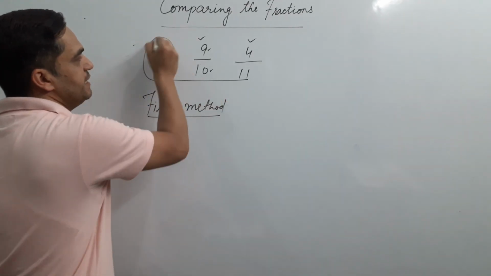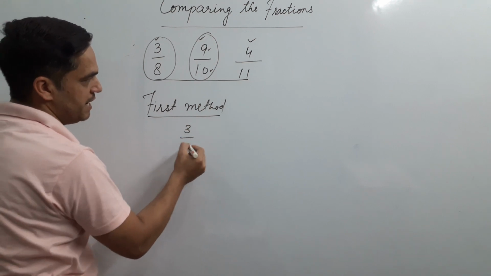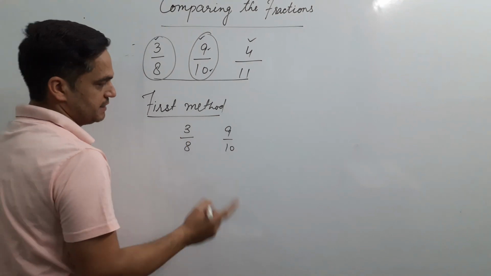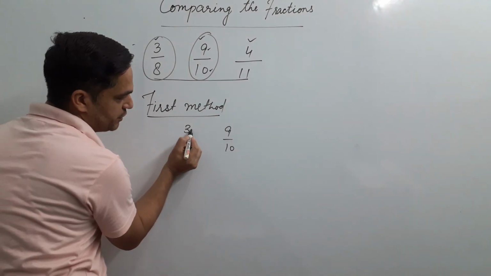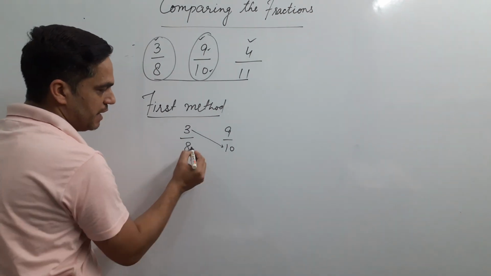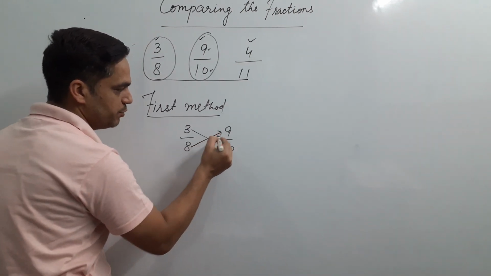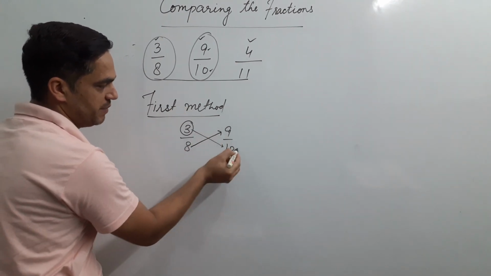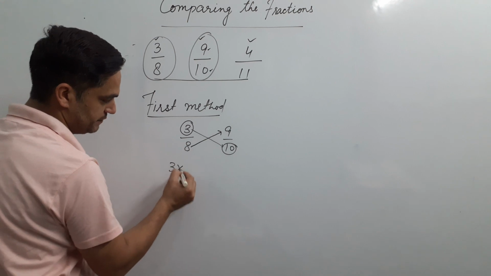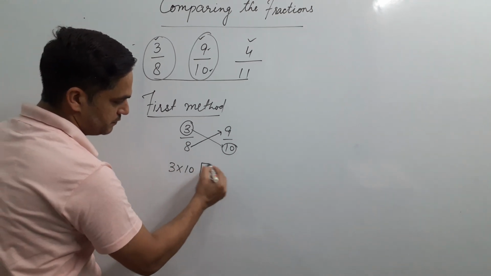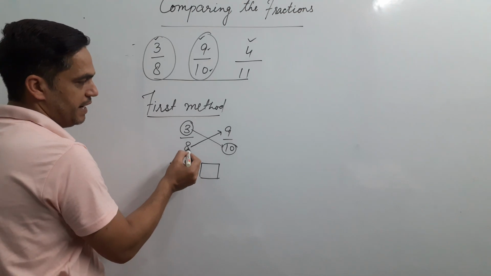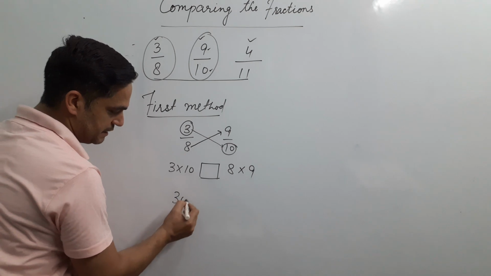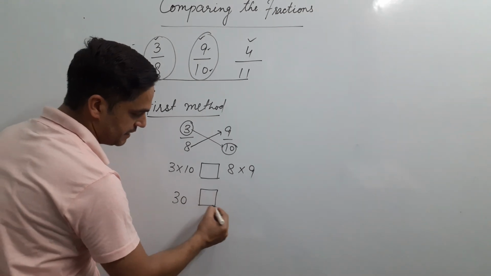Suppose you want to compare these two numbers, 3 by 8 and 9 by 10. First method is you can directly multiply this numerator with this denominator, and you can multiply this denominator by this numerator. First you have to multiply this one by this one, 3 into 10. You are comparing it with 8 into 9. So 3 tens are 30. 8 9s are 72.